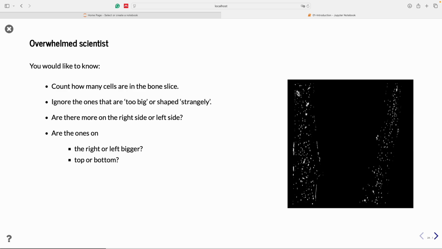And then you want to do some counting of how many cells you have. And then maybe you want to tell if there are more on the left side than on the right side, and even tell if they're bigger on one side than on the other side, or top or bottom.